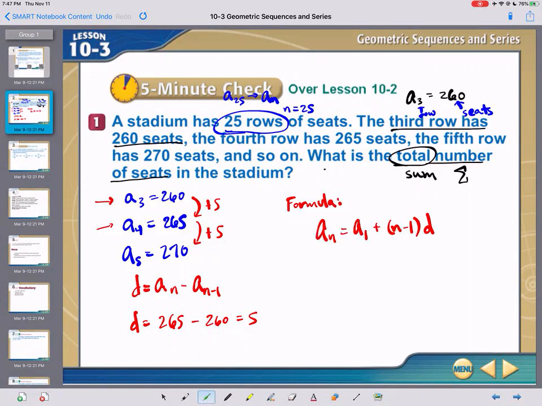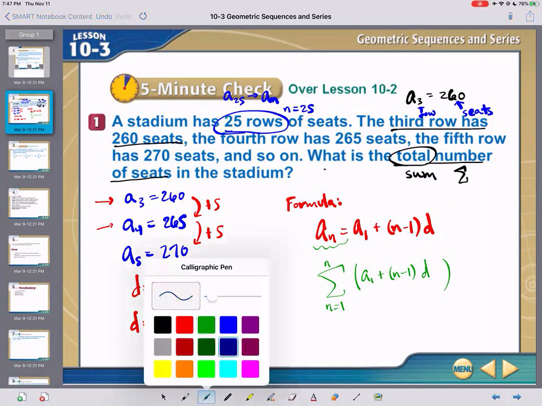What I'm going to do for sum is replace the AN equals with sigma. You start with N equals 1, and you go up to however many N's there are. And then we will substitute in here, A1 plus N minus 1 times D. And again, if you don't have the first term, that's okay. The 1's correspond. So in this case, we don't have A1.